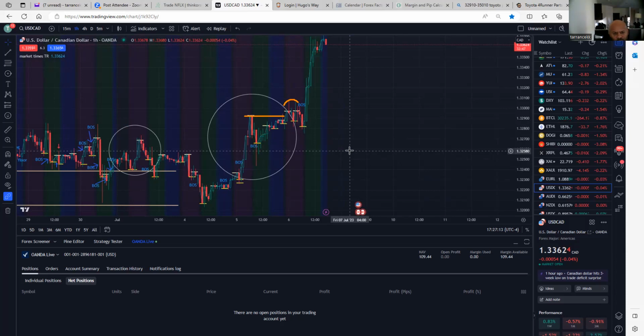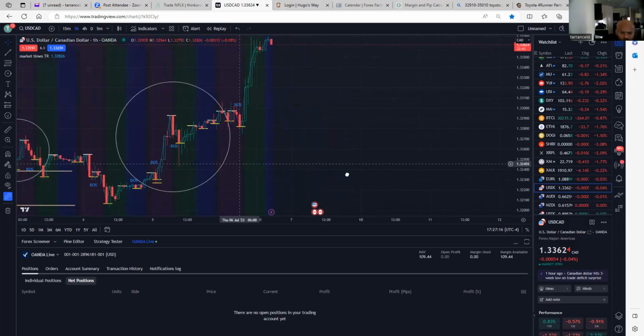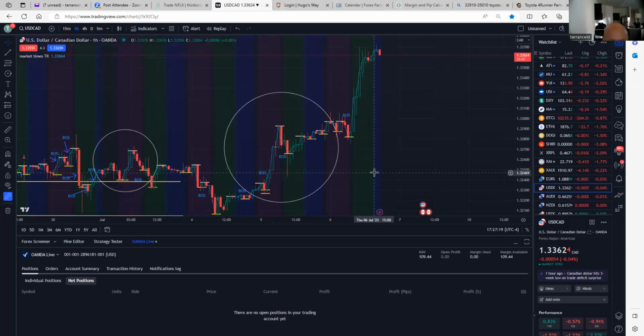Let me draw it. If you clear this stuff out, you'll be able to see it better. Okay. So you take your highest point. When the price breaks above that, that's your BOS, right? Step one. Yep. So this candle right here is the one that caused the BOS, and this is the highest point. What's the most recent lowest point?